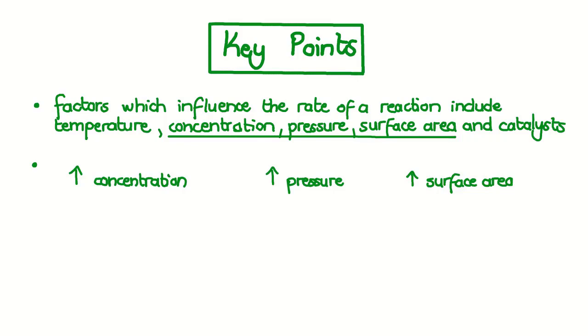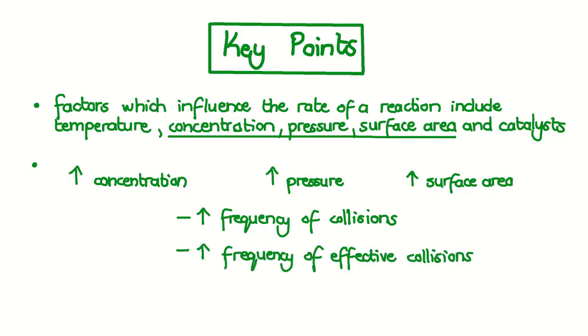We saw that increasing the concentration of a solute in a solution, or increasing the pressure of gases in a vessel, or increasing the surface area of a solid reactant by breaking it into smaller pieces, increases the frequency of collisions, in other words, the number of reactant particles that collide per second, which in turn increases the frequency of effective collisions, in other words, the number of successful collisions which result in a reaction per second.